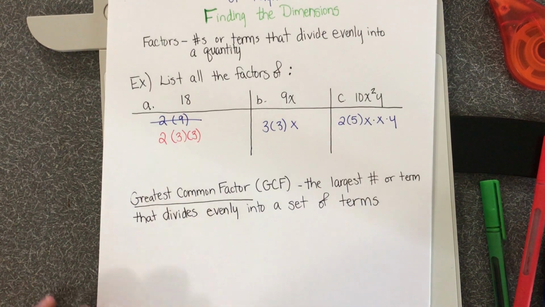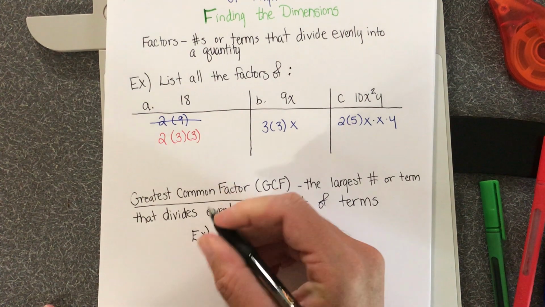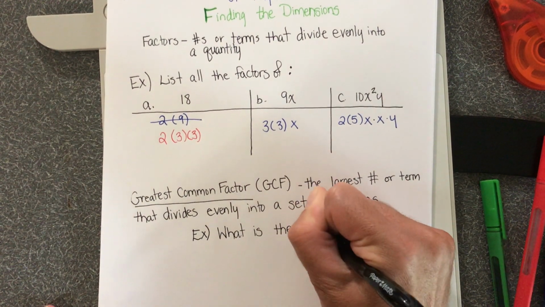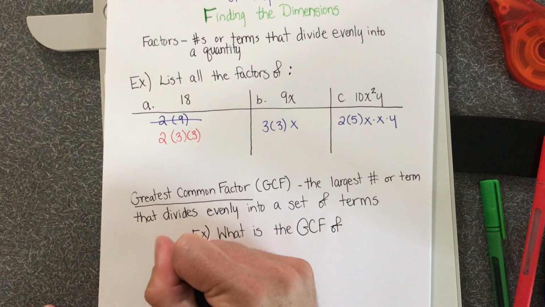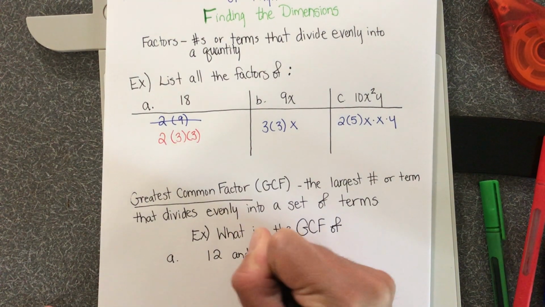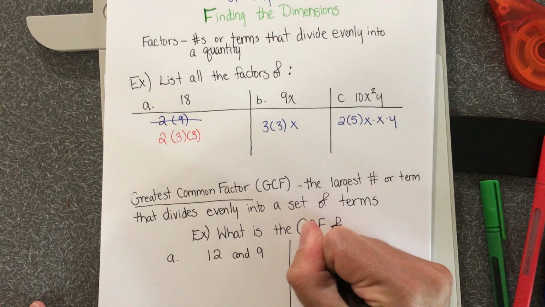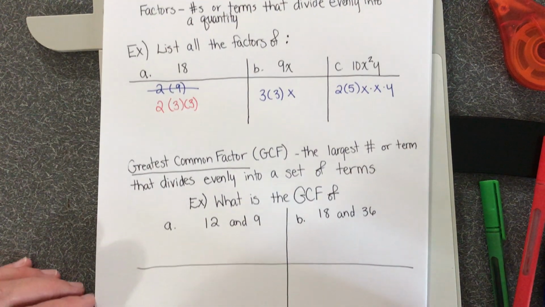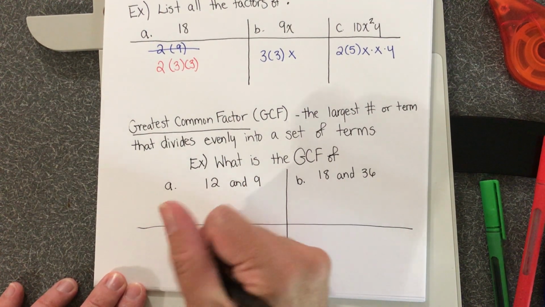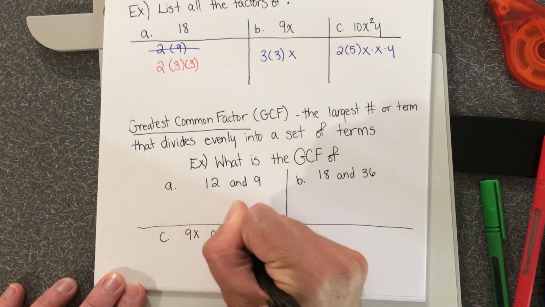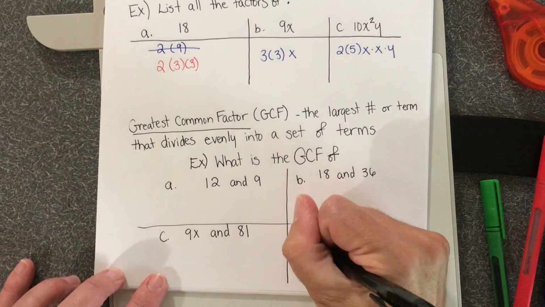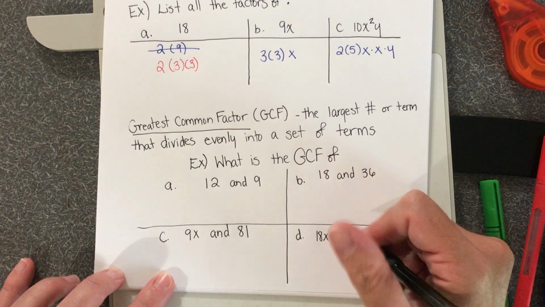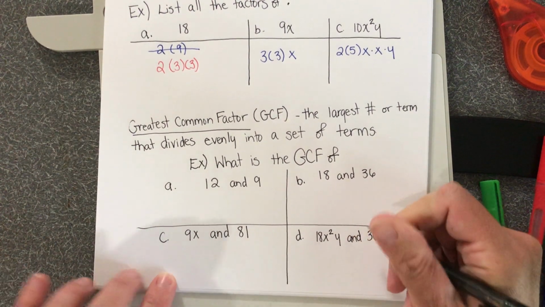So for example, what is the GCF of 12 and 9, 18 and 36, 9x and 81, 18x squared y and 36x cubed y?